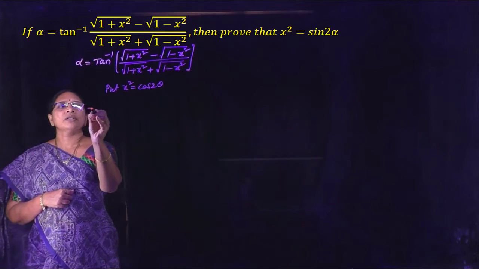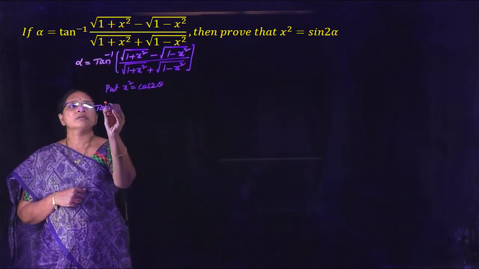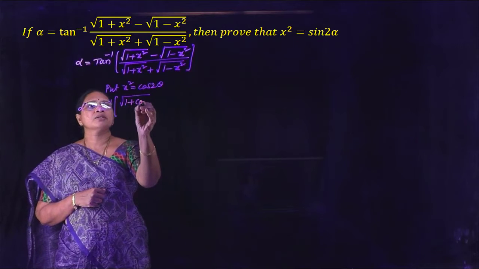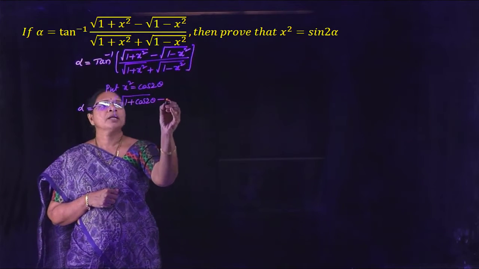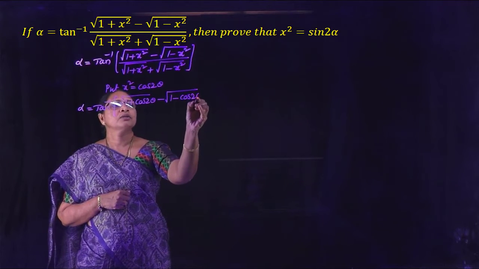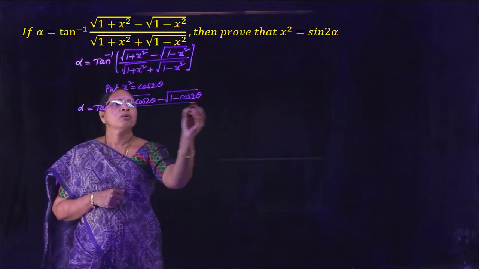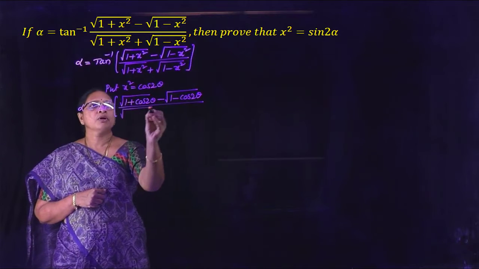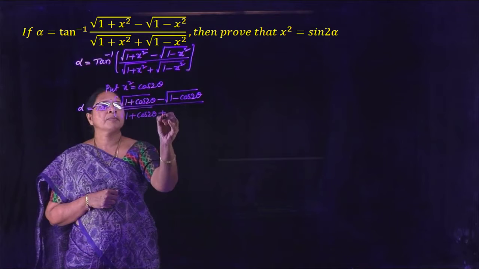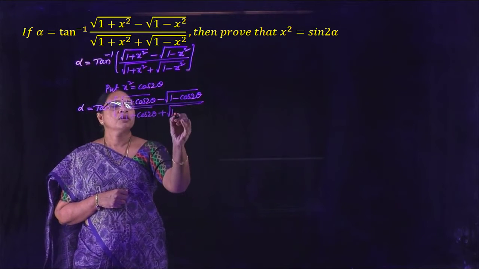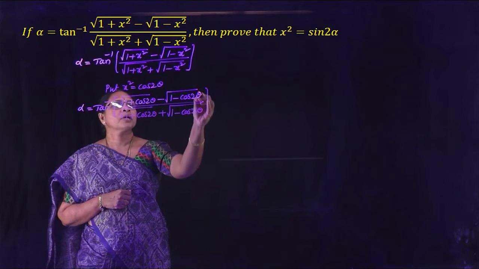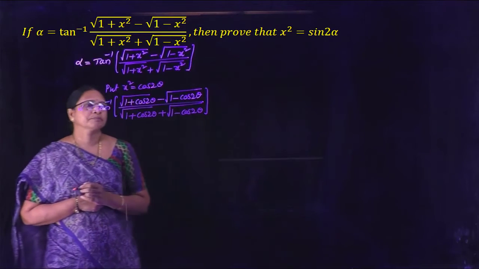Then alpha equal to tan inverse of root of 1 plus cos 2 theta minus root of 1 minus cos 2 theta whole divided by root of 1 plus cos 2 theta plus root of 1 minus cos 2 theta.